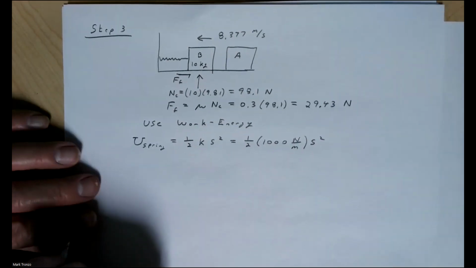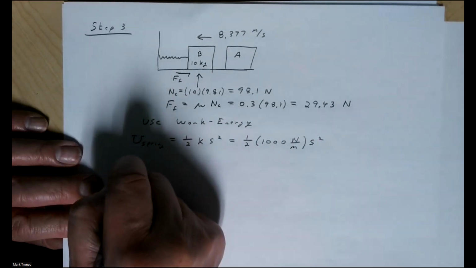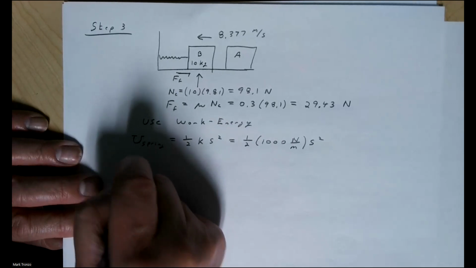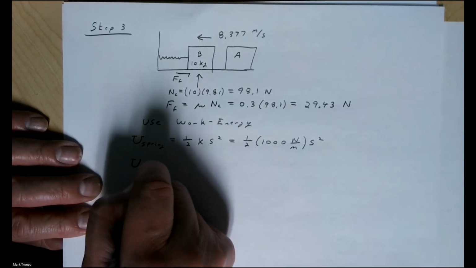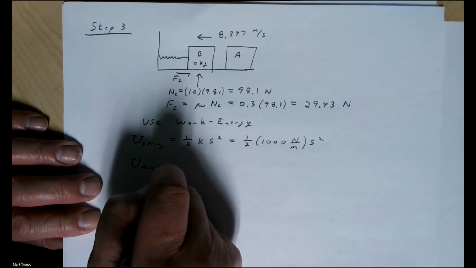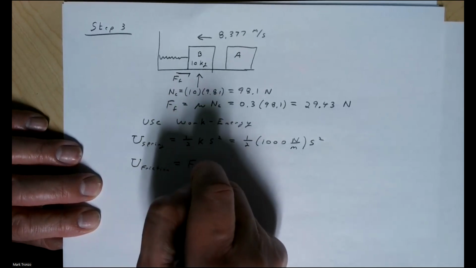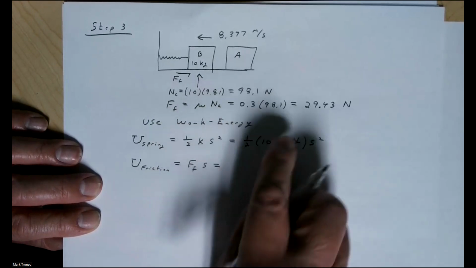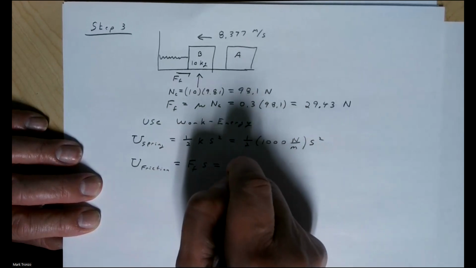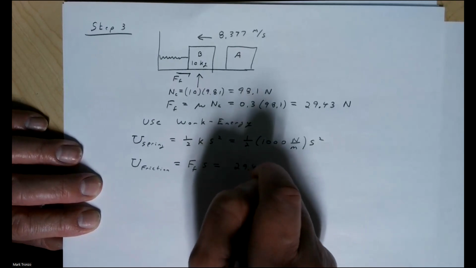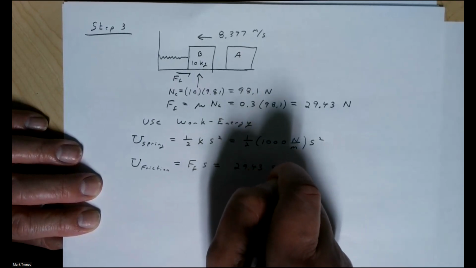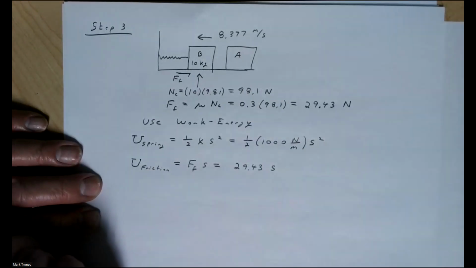And then there's also going to be friction work. Again, that's going to be the friction force times S, whatever distance we have. And this is 29.43 times some distance S.